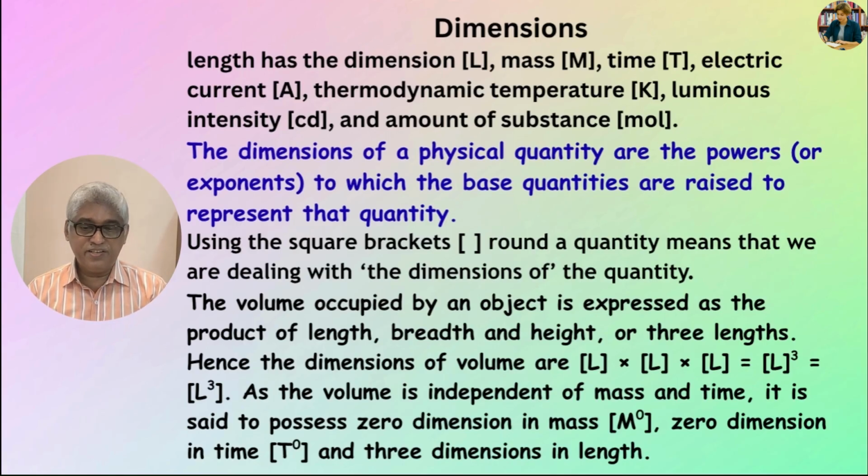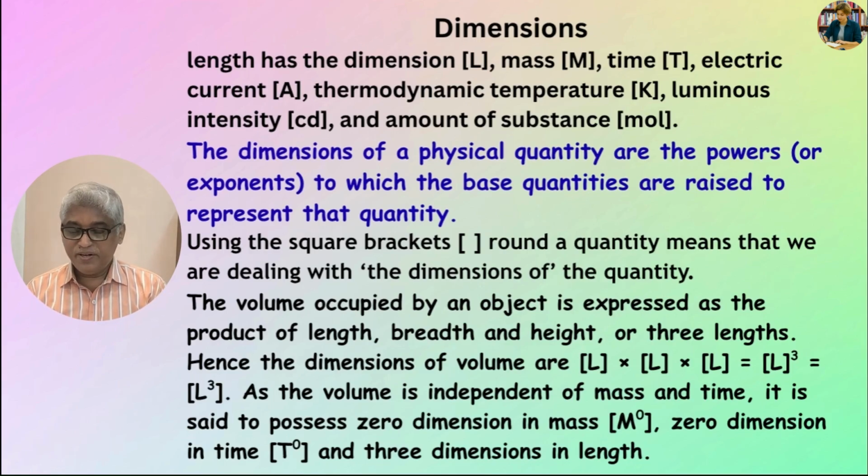Now let us see here. The volume occupied by an object is expressed as the product of length, breadth and height, or it is nothing but three lengths. So hence the dimensions of volume are L into L into L, L cube, right? So here there is no mass and time.